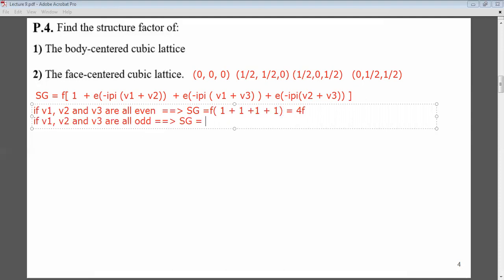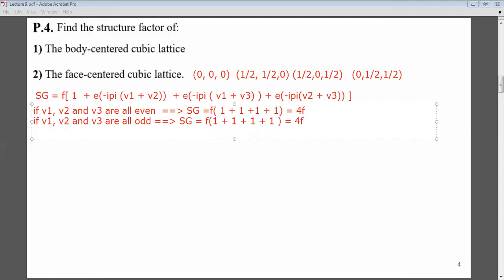So SG is F into 1 plus e to the minus i pi (V1 plus V2), and so on. If they are all odd, take for example 1 and 3: 1 plus 3 is 4. So even if they are odd, their summation is even. So I will also get 1 plus 1 plus 1 plus 1 for everything, and this is also for F.